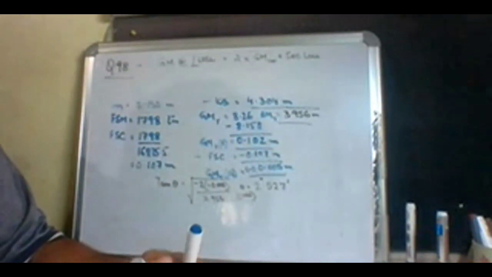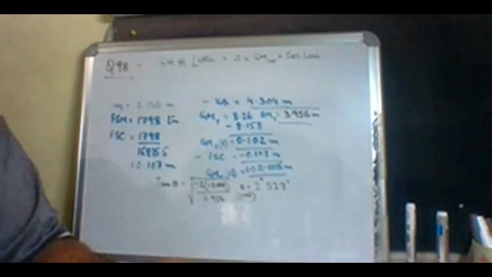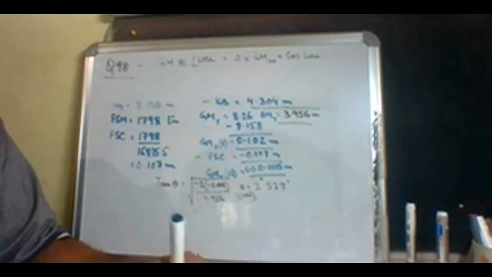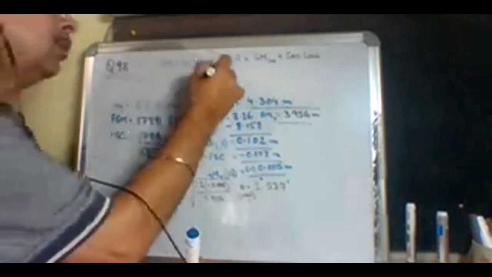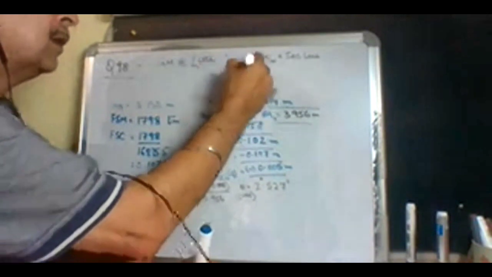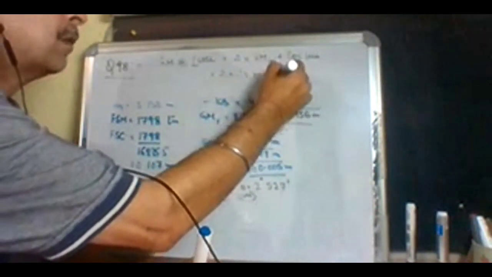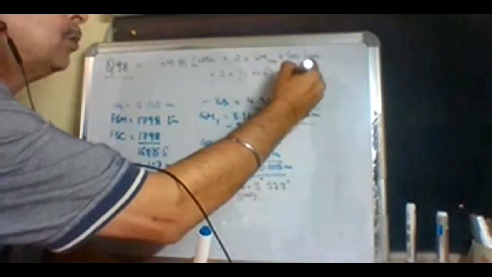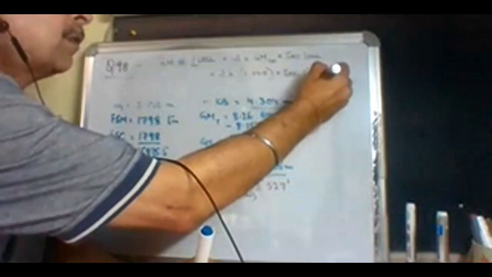This gives you the GM at angle of Loll. So put the values: twice into 0.005 into sec of 2 degrees 52.7 minutes.